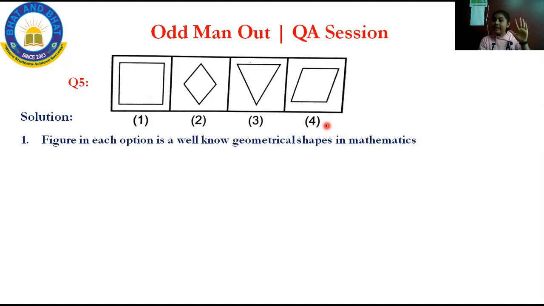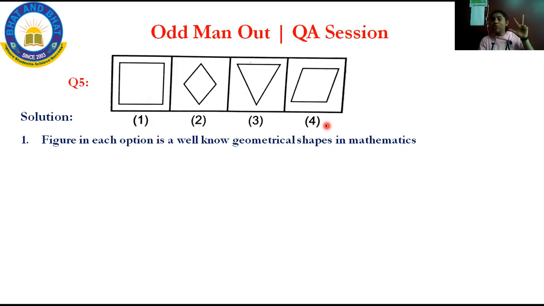Five-sided, pentagon; six-sided, hexagon; seven-sided, heptagon; eight-sided, octagon; nine-sided, nonagon; and ten-sided, decagon. I'll repeat again. Four-sided figure, parallelogram. Five-sided figure, pentagon. Six-sided figure, hexagon.